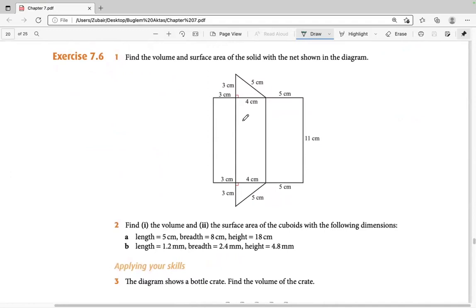So what I have is 6 plus 6 plus 5 times 5, 3 times 3, 4 times 4.